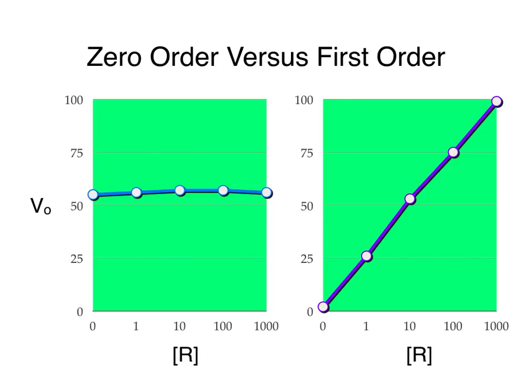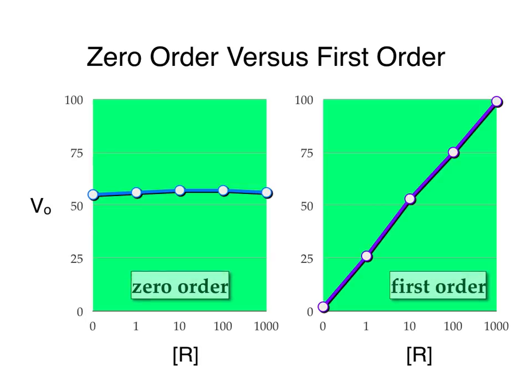There are actually two relationships between the reactant concentration and reaction velocity. On your left is the illustration for what is known as zero order kinetics, whereas on your right of the screen depicts the first order kinetics. In zero order kinetics, the reaction velocity is independent of reactant concentration.